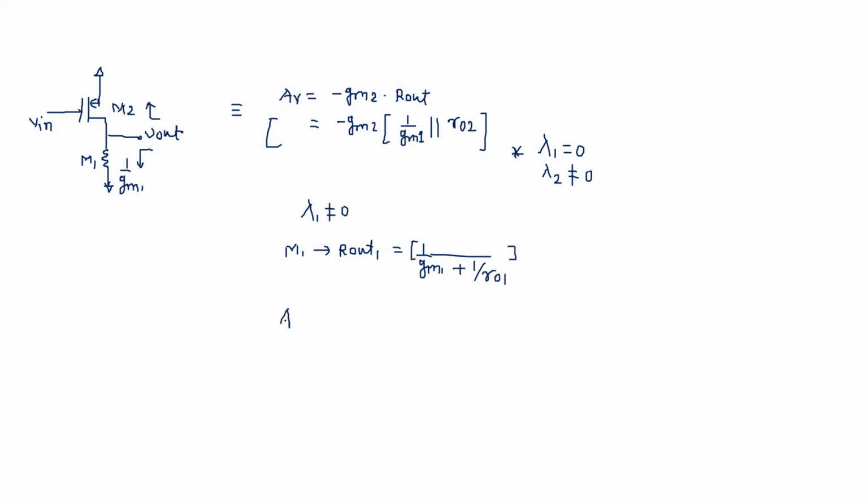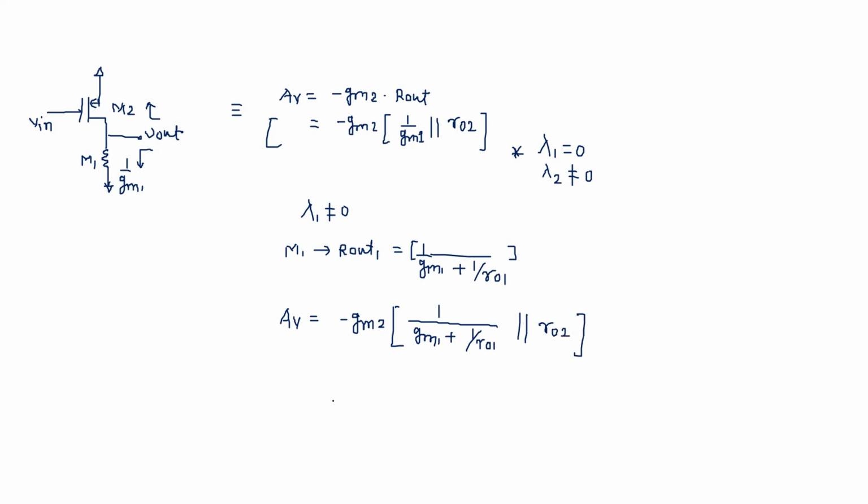So in that case, the complete gain expression will be minus GM2 times 1 upon GM1 plus 1 upon R01, and this should be parallel with R02.